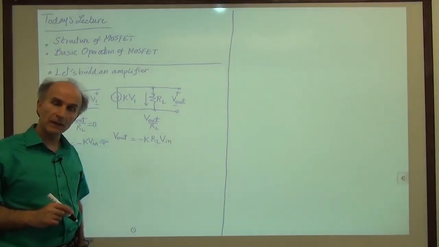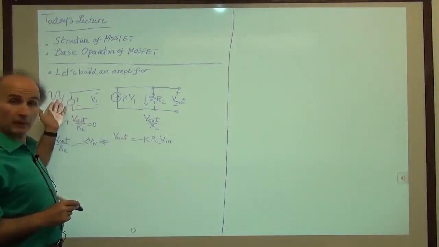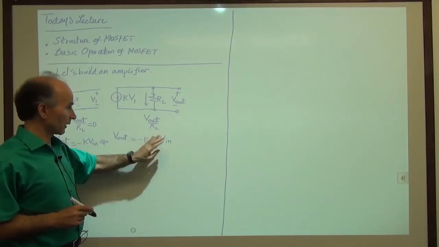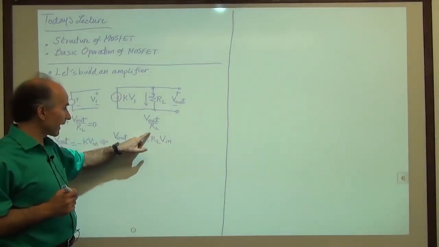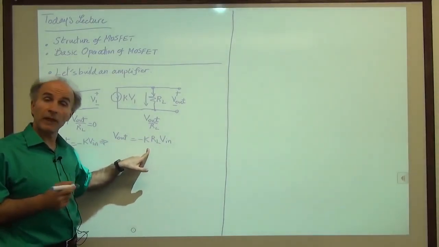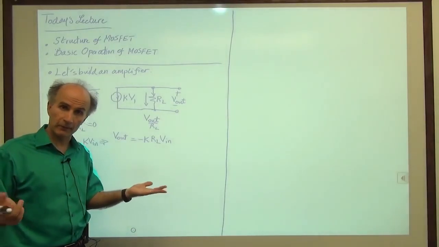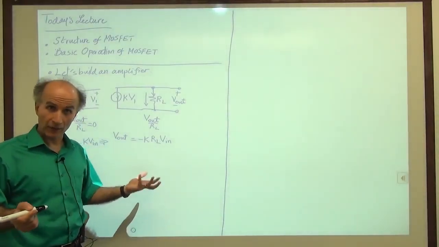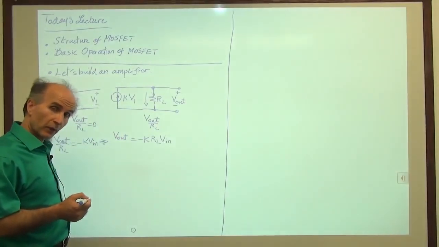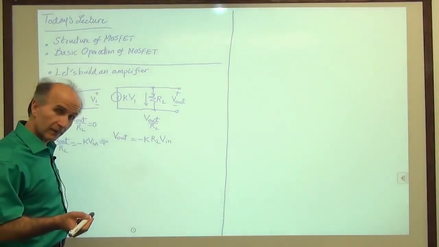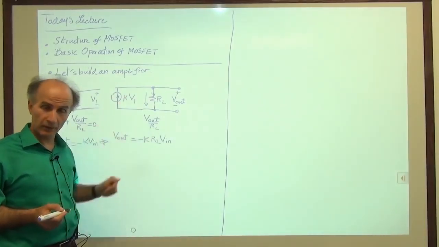Okay, we see that the output voltage, the output sinusoid maybe, is proportional to the input sinusoid, obviously. And this factor is some value. Maybe I can choose K RL to be a respectable number, maybe 5, maybe 10. So I can build an amplifier that amplifies the signal at the input by a factor of 10. Of course, there's a negative sign here, which just came out of the equations.